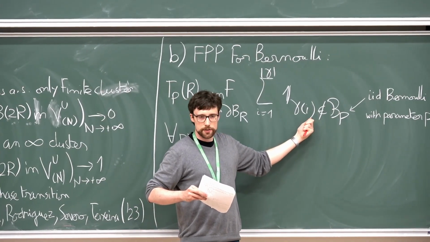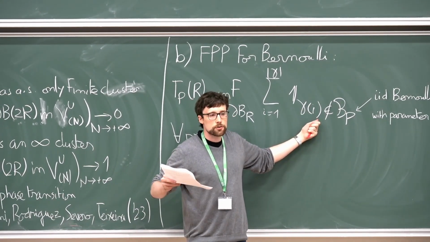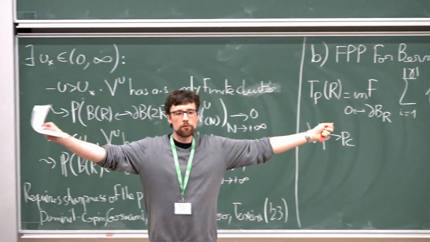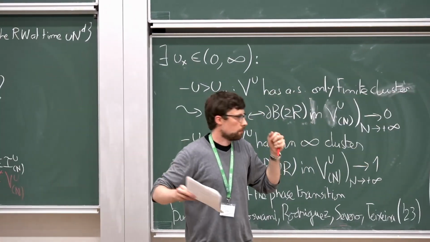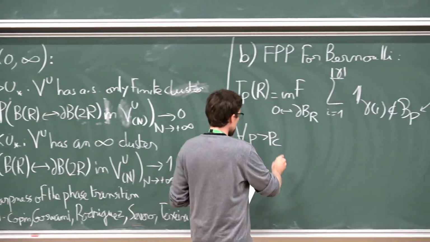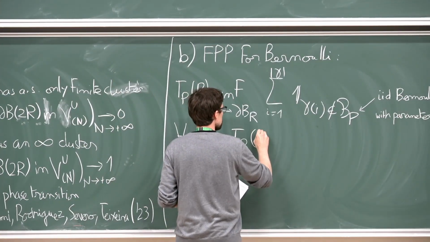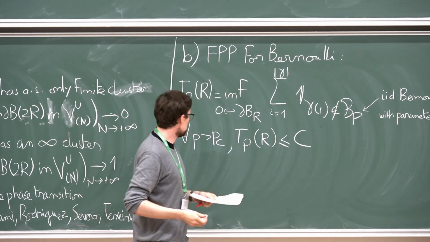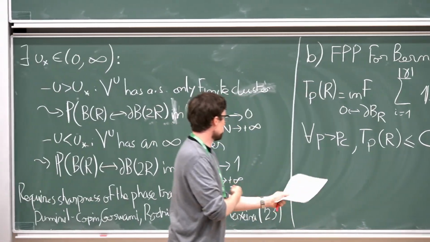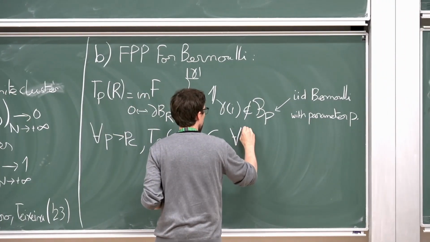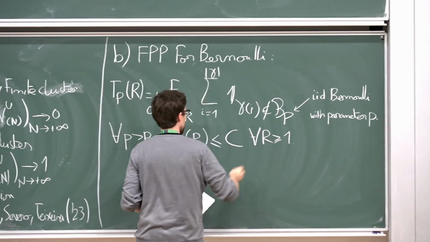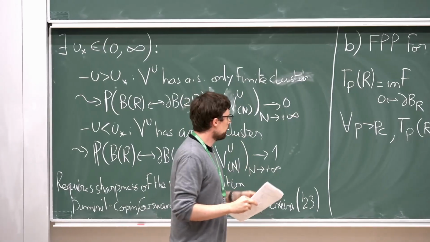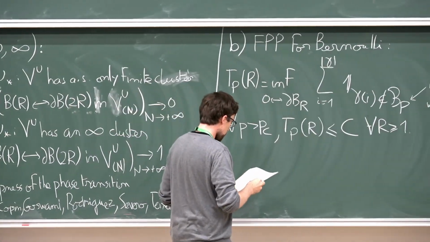Your indicator function here is just 0. So the moment you reach the infinite connected component, you can go anywhere at no cost, almost. This means, in particular, that your first passage percolation is just bounded. This is a constant which is random, but it is bounded in R.